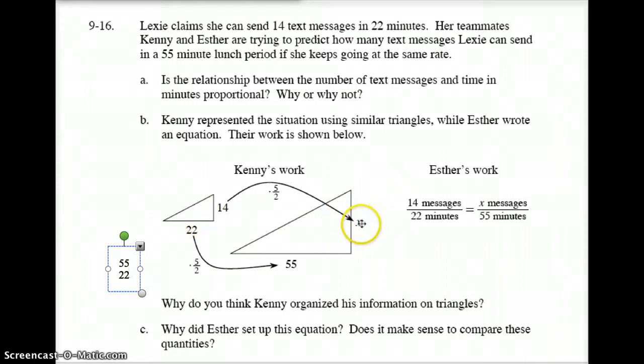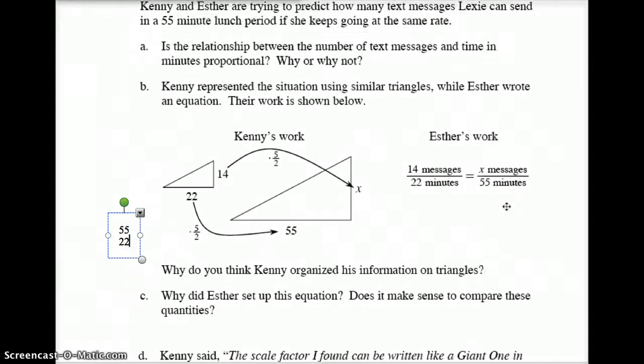So in order to solve for x here, we simply take 14 and multiply it by 5 halves to get our answer. How do you multiply by 5 halves? Well, obviously you could multiply fractions, no problem, but another way is just take the 14 times the 5. 14 times 5 is 70. 70 divided by 2, half of 70 would be 35. So she could text 35 messages in the 55 minutes.